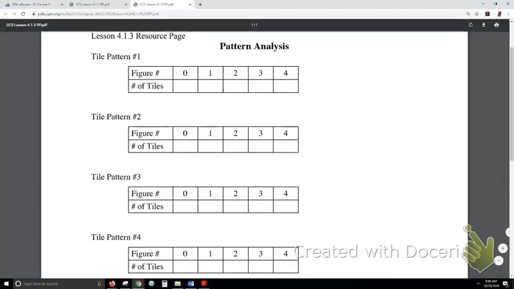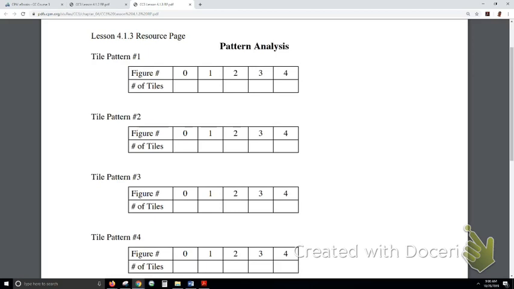Okay, so let's jump right in here and fill in these values. We actually started creating this table when we were doing the problems. If you look at pattern 1 here, if you recall, we had 2, 6, 10, 14, and 18. That's just counting the tiles that were in each figure number. Okay, let's change the color here.